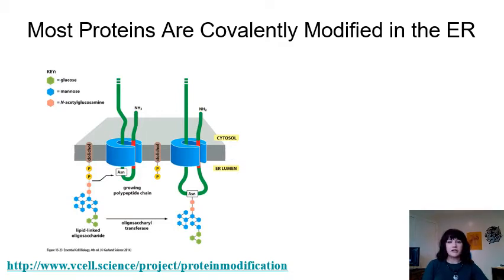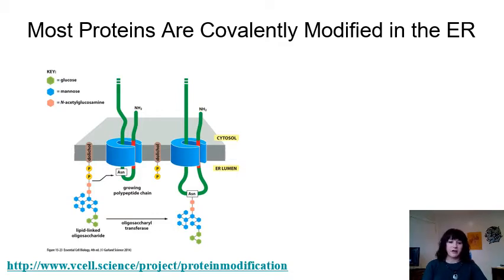Now, in addition to being inserted into it, the ER also has some roles in modifying proteins. After they've been synthesized, there are some post-translational modifications, right? After translation, the creation of the protein. These are usually attached onto proteins by covalent bonds. One example here is glycosylation. Glycos, glucose, sugar, right? So we have these groups of oligosaccharides that can be attached onto the protein via a covalent bond.